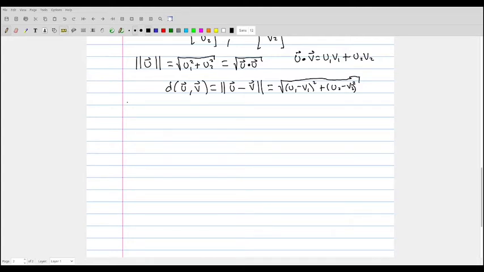To get a picture of this, you can draw out these 2 vectors. Call this vector right here u, the vector u1, u2. And this vector right here, the vector v, is v1, v2. Then we know that the vector u minus v is going to be equal to this, the vector going between those 2 points.